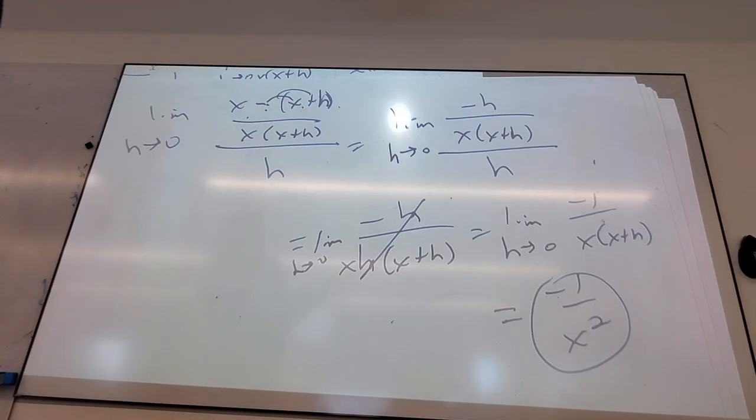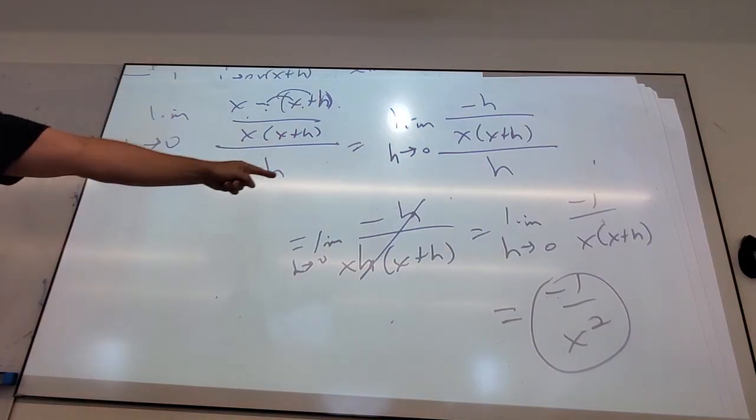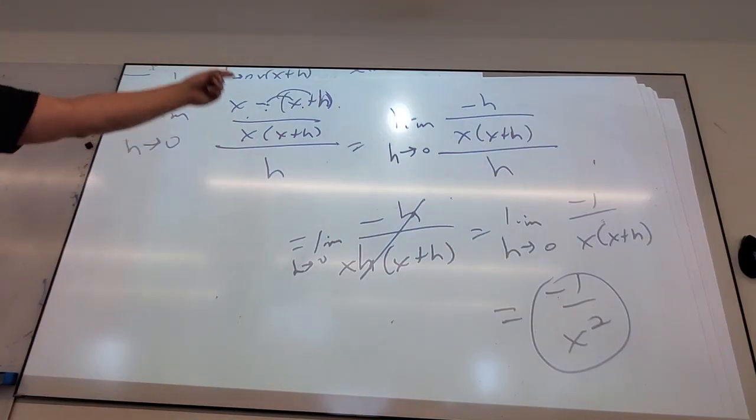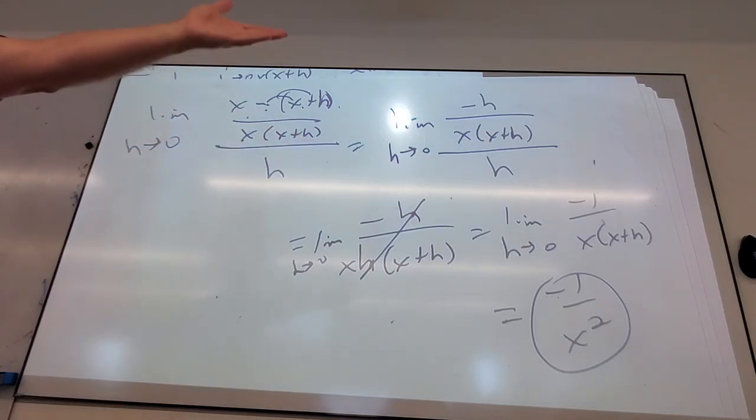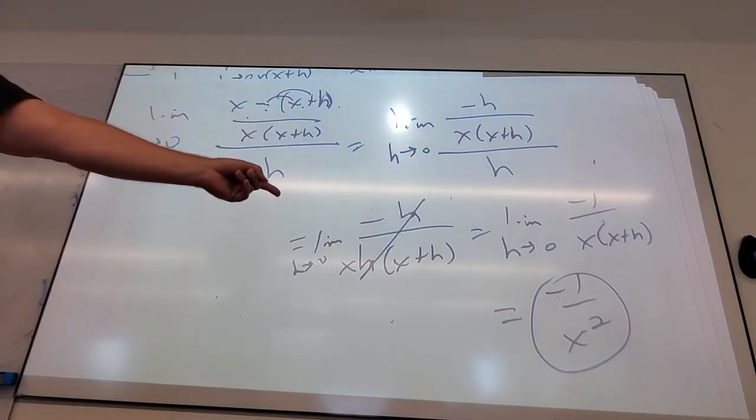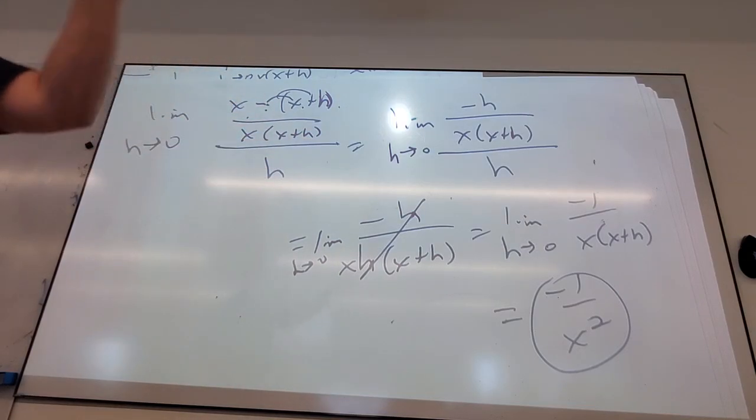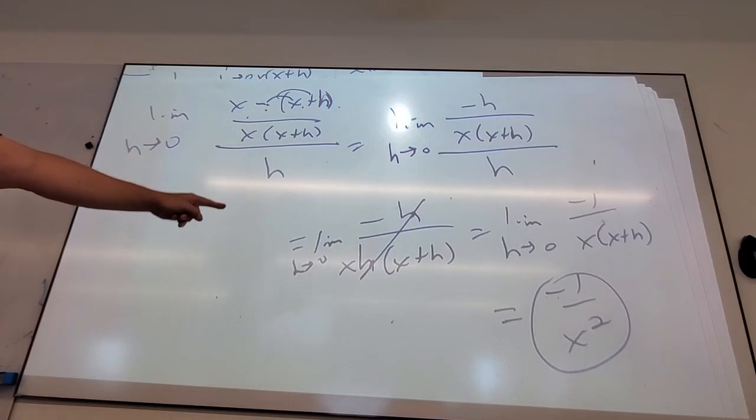Just always. If I see 1 over x, what's its derivative? Negative 1 over x squared. You never have to do this again for 1 over x, because we've already done it. Now you can just commit to memory if you wanted to. There's going to be a better thing to memorize. But that's one little specific thing we know. If you ever see 1 over x, what's its derivative? Negative 1 over x squared. Done.